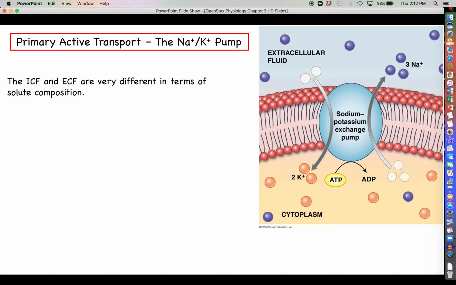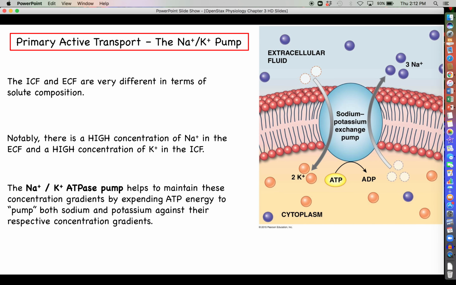Well, there is actually a very special kind of active transporter that is always functioning in every cell in your body to make sure that these fluids stay the way that they're supposed to be. This transporter is called the sodium-potassium ATPase pump, or you can just call it the sodium-potassium pump. This protein will help to maintain these concentration gradients across the membrane for both sodium and potassium by using ATP molecules.